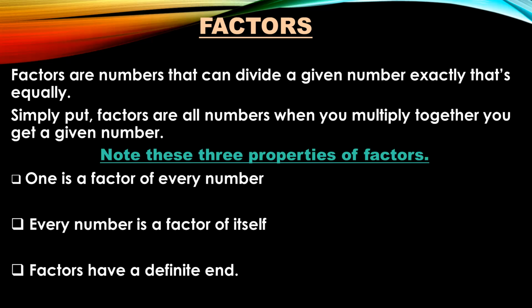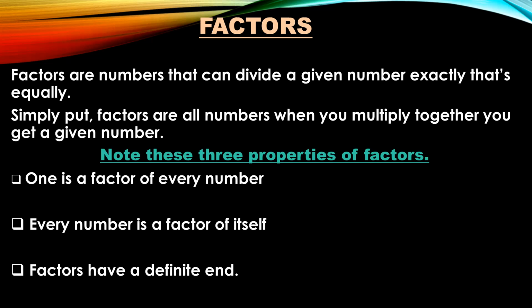The number itself is a factor of that number. That is why every number is a factor of itself. When finding the factors of 10, 10 can also divide itself equally. Divide 10 by 10 and you get 1. So 10 is a factor of itself.